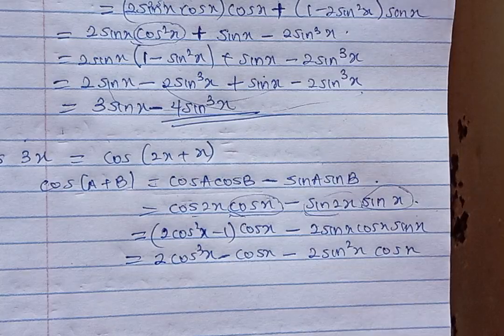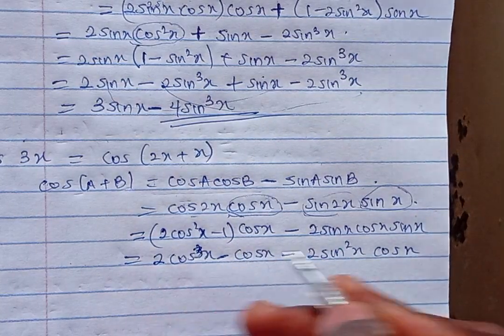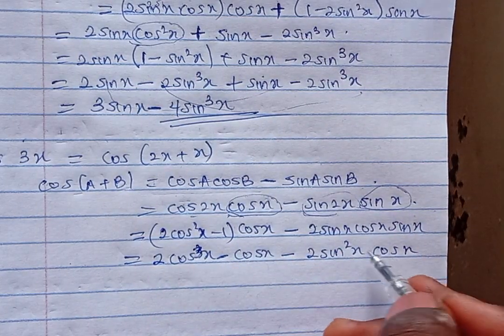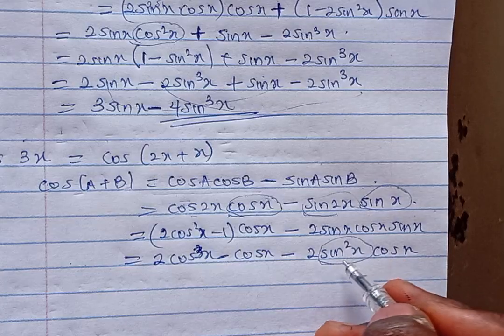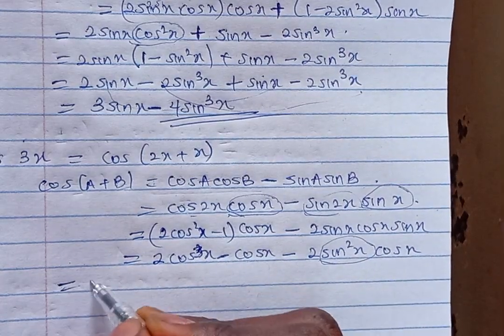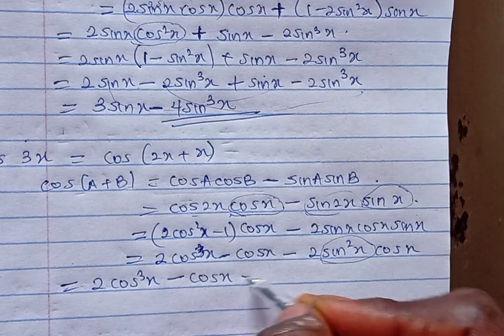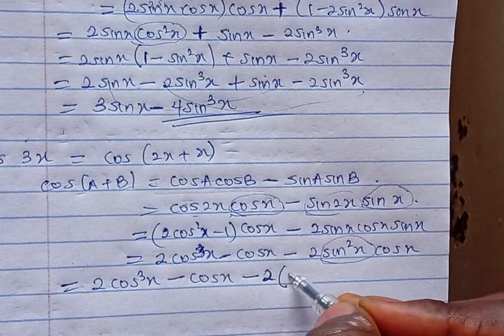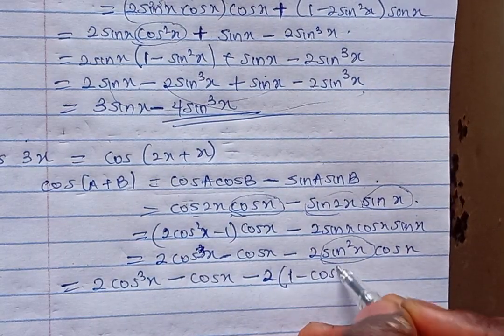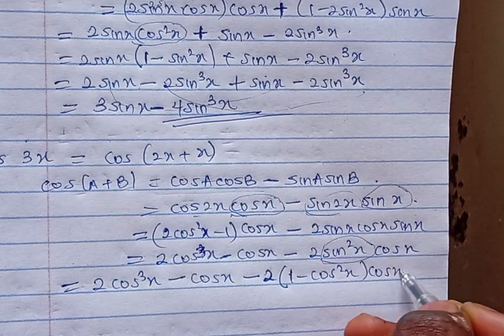But this one is not yet simplified. This one is cube. So because this one can be expressed in terms of cos, you will get 2 cos cube x minus cos x minus 2 into (1 minus cos square x) cos x.